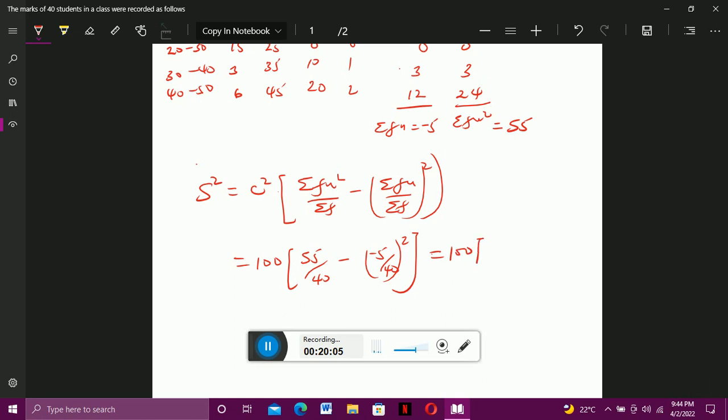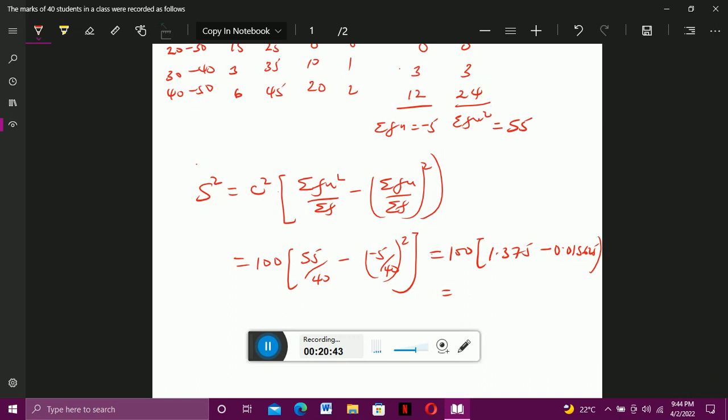So we work out and get 100 times 55 divided by 40, which is 1.375, minus 5 divided by 40, and then we square it, we get 0.015625.